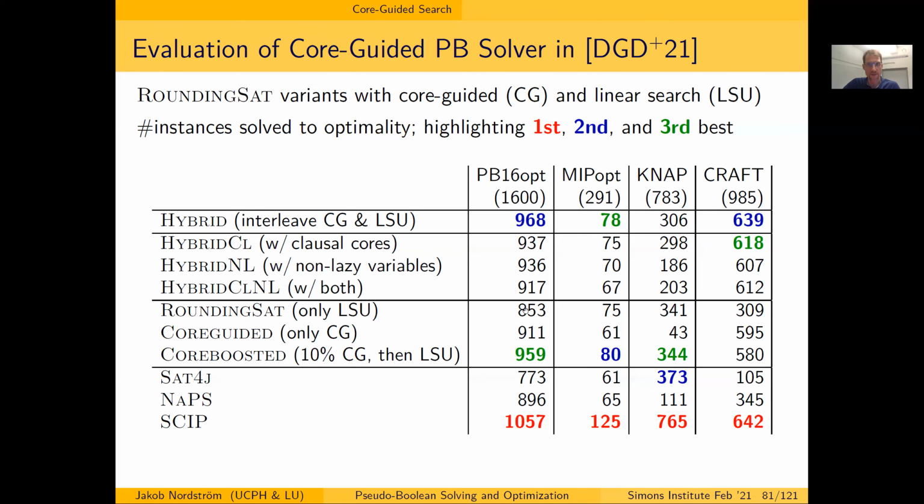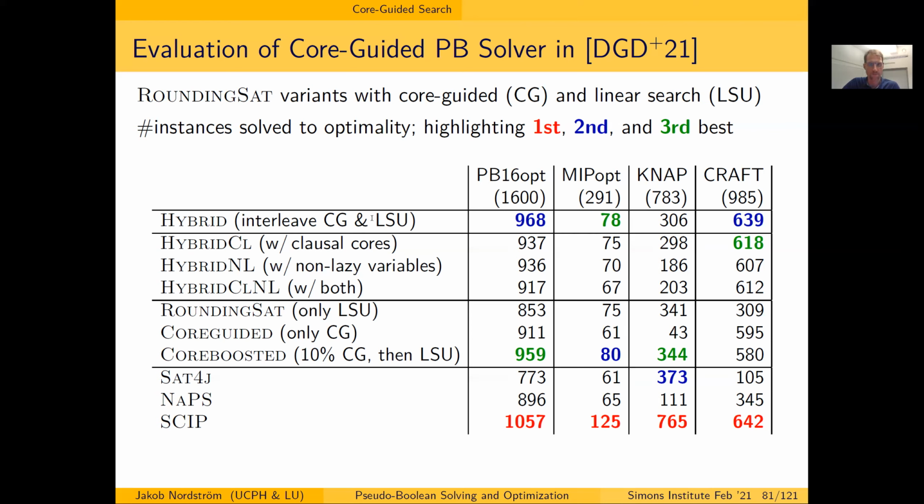You see that it's a fairly significant jump in performance on the Pseudo-Boolean competition benchmarks, and even more so on the crafted benchmarks. Interestingly, for knapsack, linear search is still better. And the MIP instances are in general just hard for Pseudo-Boolean solvers, but at least it seems that hybrid helps a bit.